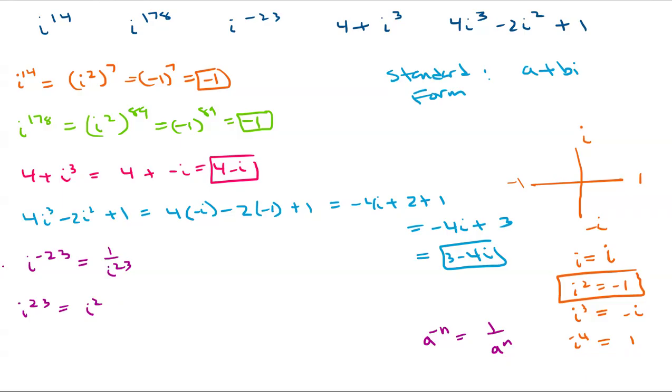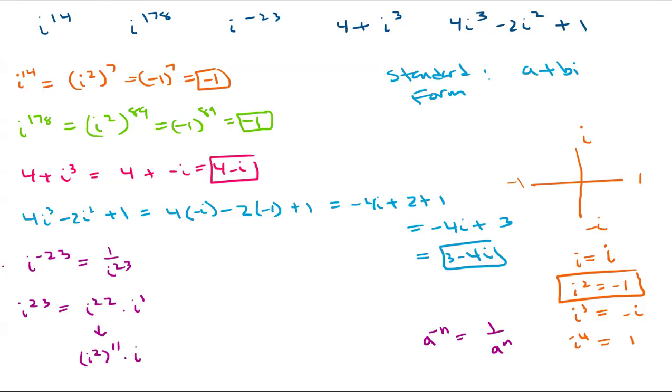I'm going to break this down to i to the 22nd times i to the first. Okay, because remember, you can add the powers. So 22 plus 1 will give me i to the 23rd. Okay, so here I'm going to break this down to i squared raised to the 11th power. Right, because 2 times 11 is 22. And then multiply this by i.